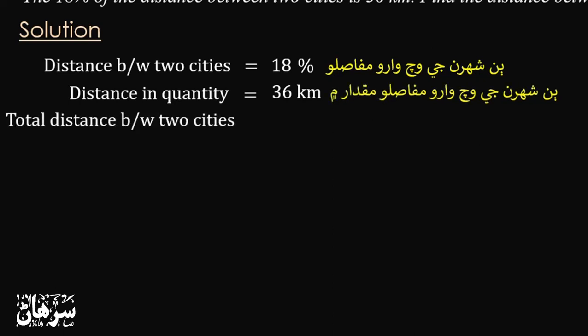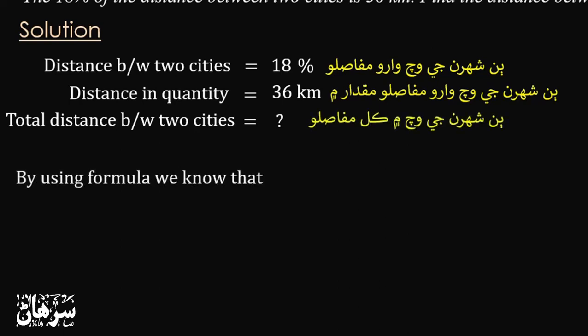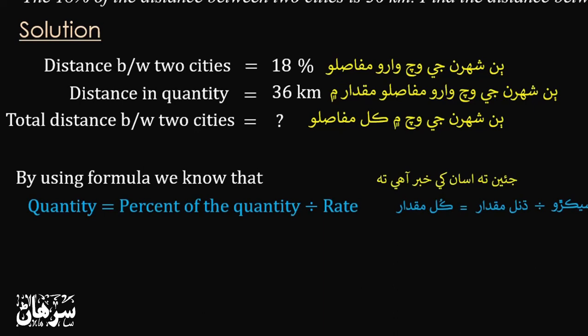Total distance between two cities, you have to find it. By using formula, we know that quantity barabar hai percent of the quantity divided by rate. Total distance, percent of the quantity 36 divided by rate is 18%.